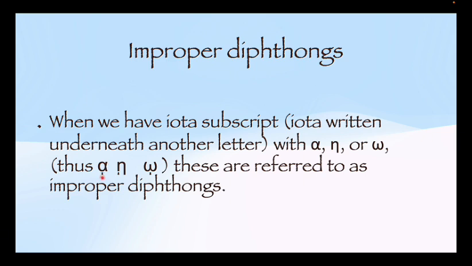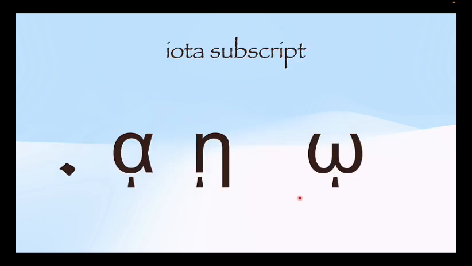It is written underneath the letter, underneath alpha, underneath eta, underneath omega. These are referred to as improper diphthongs. So whenever iota comes at the end of alpha or eta or omega, it is subscripted, and then we call it an improper diphthong.